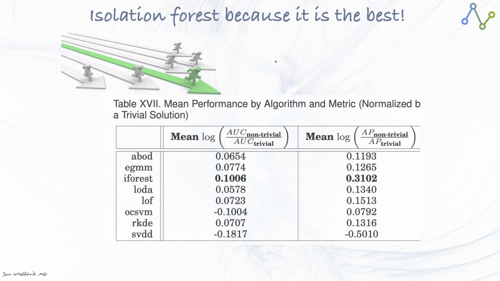BigML has implemented a version of isolation forest, and that works very well. We just did a perfect benchmark between all those things again with all academic data sets, and lo and behold, the isolation forest of BigML comes out on top of the traditional isolation forest. That's almost the best in the world, so we're just doing it because it's the best.